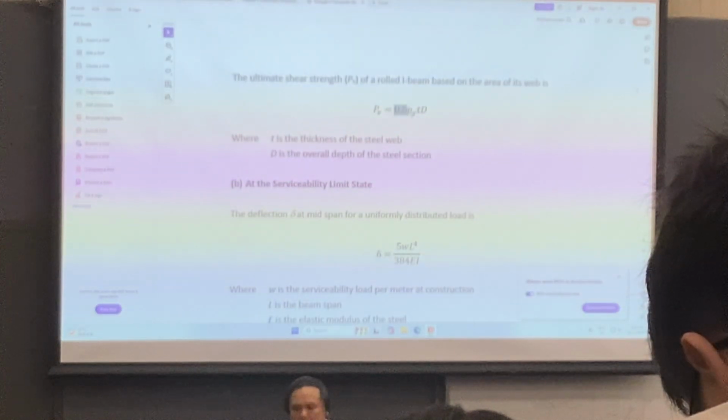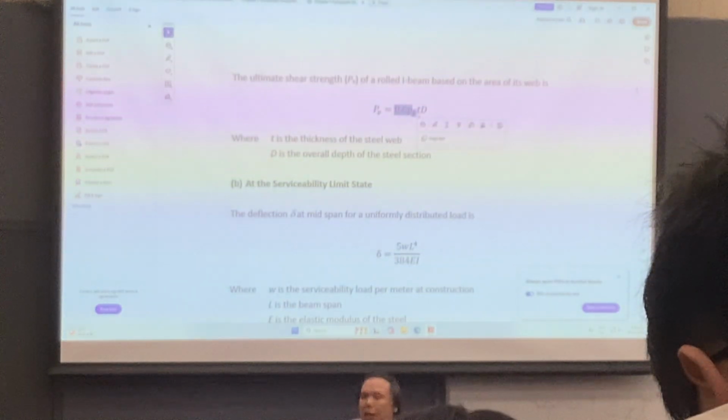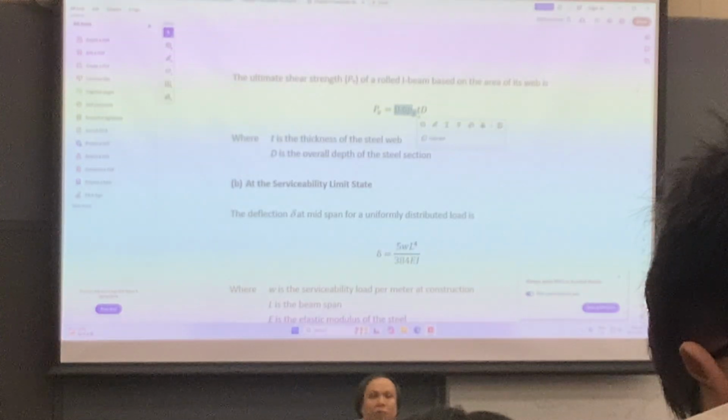And then for the shear capacity, just remind you that you know what is the yielding of the reinforcement.